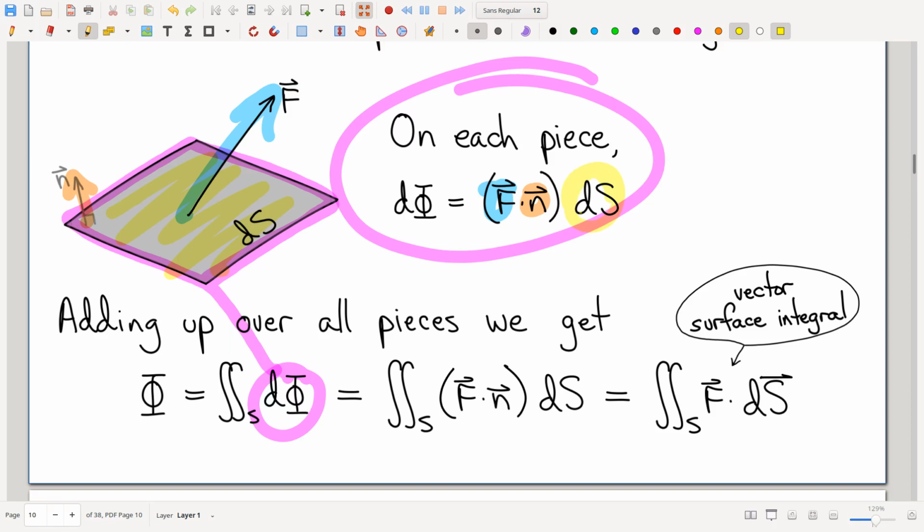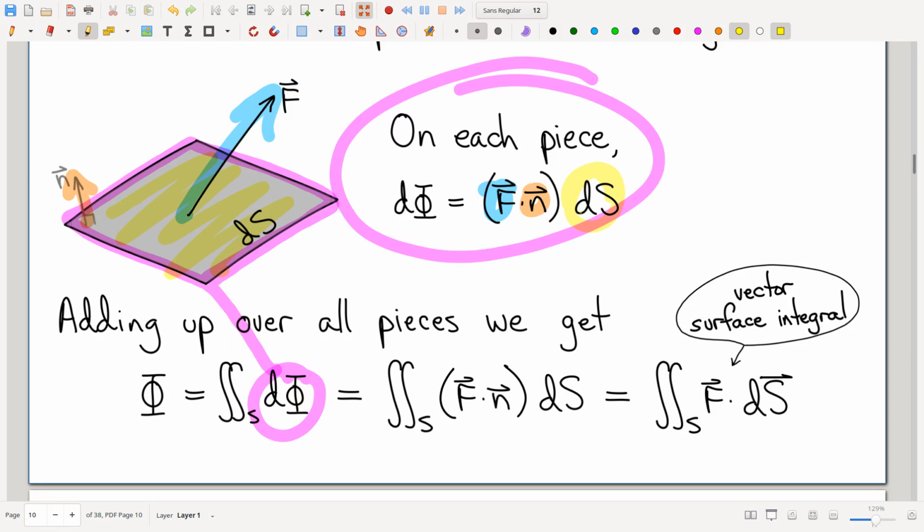Now, ultimately, just from a strategic standpoint, again, not really that different from computing mass. How do we compute mass? Well, we recognize first that the whole is the sum of the parts, and then we look at any given individual little piece, and then we figure out what we have to do on each individual little piece. Where it's mass, it's density times area. Here, it's flux, and so it's a different formula.